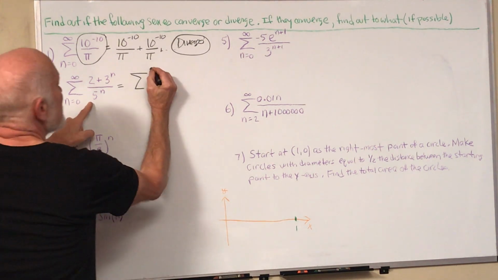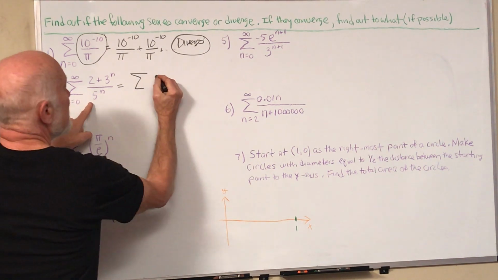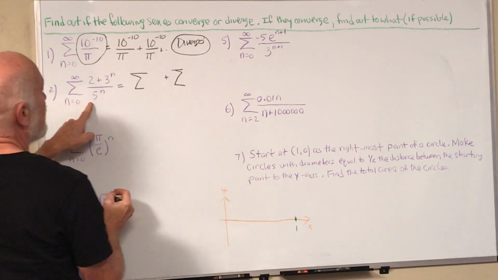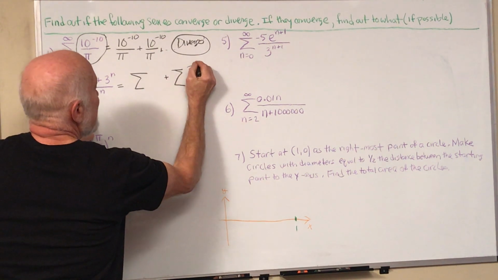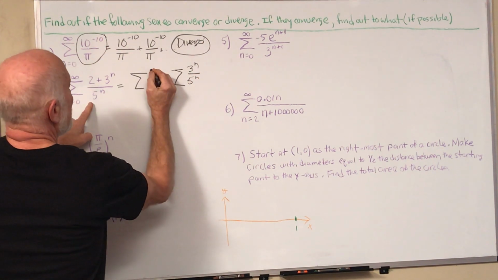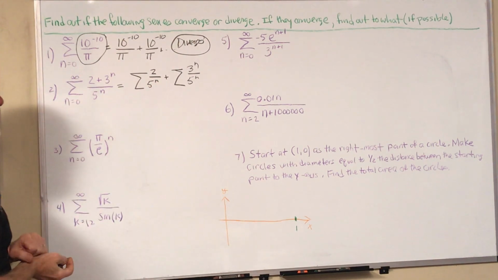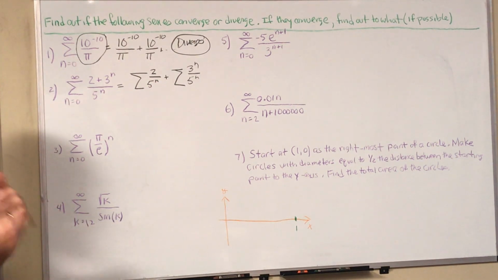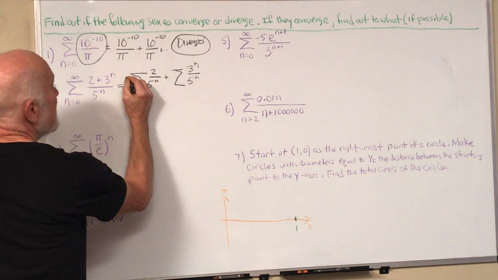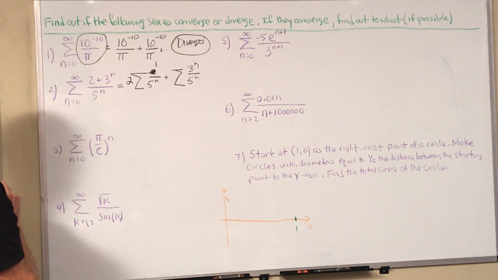So I can make this 2 over 5 to the n plus 3 to the n over 5 to the n. And I can make this 2 over 5 to the n. And also, when you're adding things up, you're allowed to factor things out. So I could bring the 2 right out front.